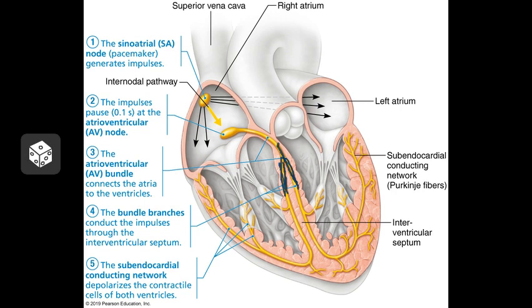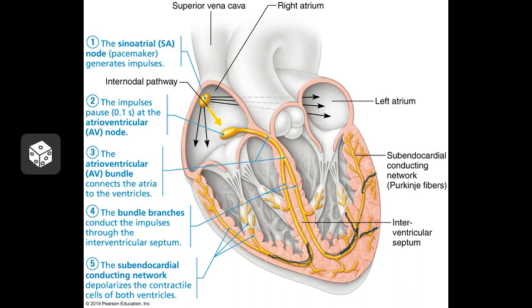These are going to conduct the impulse down through the interventricular septum towards the apex of the heart. From there, these autorhythmic cells are in a pattern where they are trending upward from the apex and branching even more.